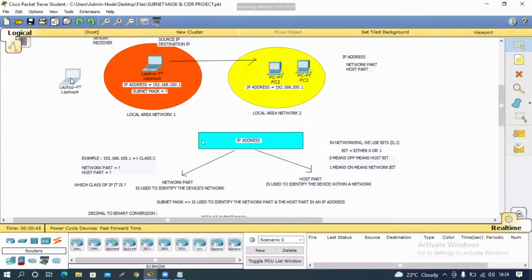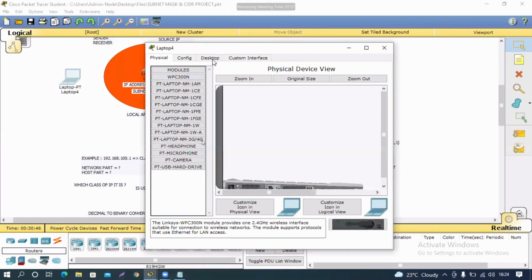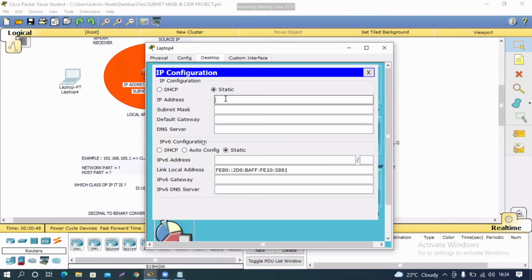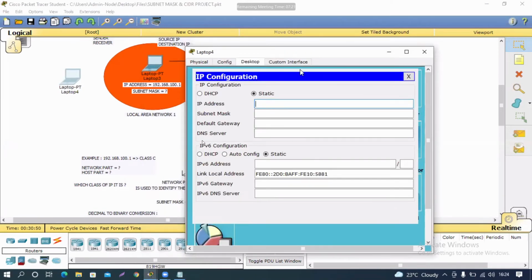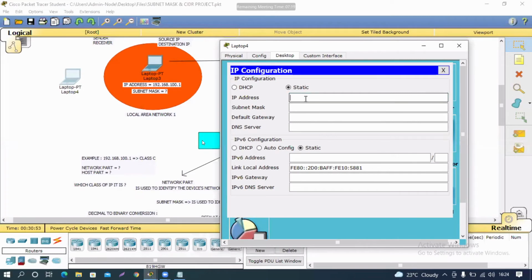See over here, if I give an IP address to this machine, let's say I'm giving this IP address, 192.168.100.1. You can see that even though I'm not typing the subnet mask, the system automatically gives the subnet mask over here.